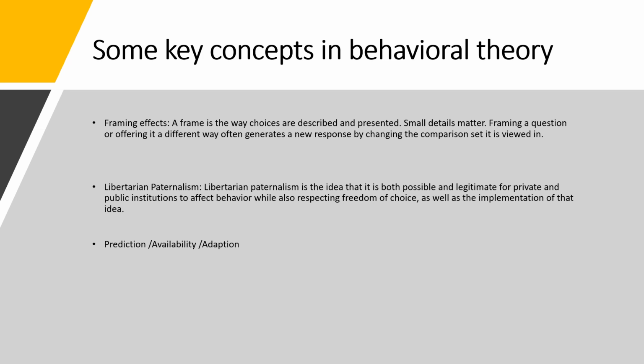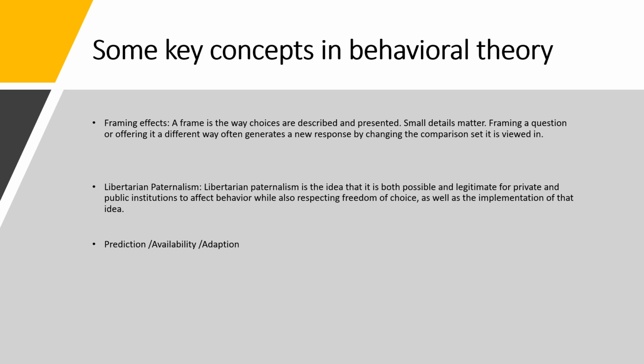There's also the concept that I'd like to introduce you to of libertarian paternalism. And libertarian paternalism is the idea that it's both possible and legitimate for private and public institutions to affect behavior while respecting freedom of choice.